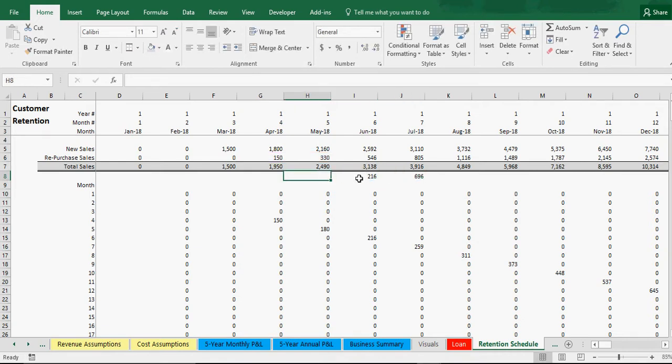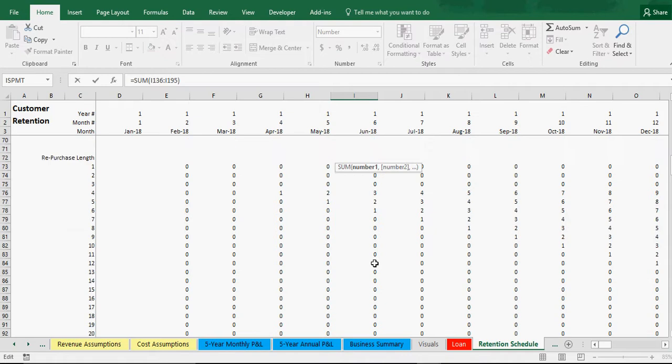Now hold on. 330 and 150. 150, 330, 216. What am I out by? Oh, I've been on these spreadsheets too long today. I'm out by 150 for some reason. It's 150 higher. Why is that?